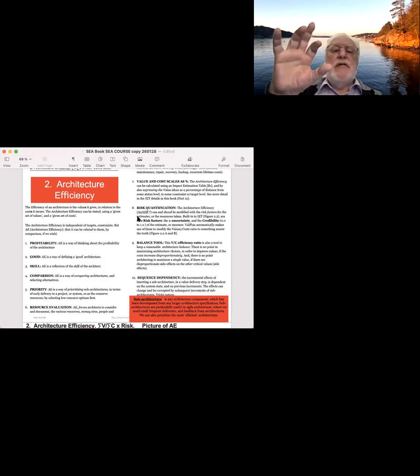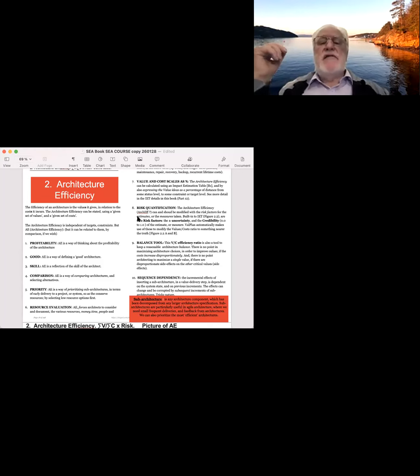But some people use the word efficiency improperly and mix it up with the word effectiveness. Another good English way of saying it is cost effectiveness is what I'm talking about. The word cost comes in. Kostnadseffektivitet in Norwegian would be what I'm talking about here.